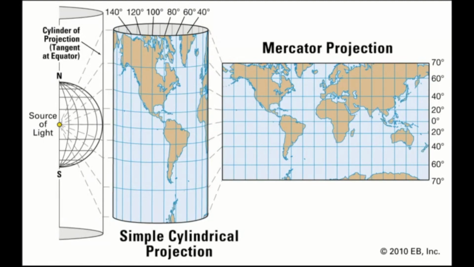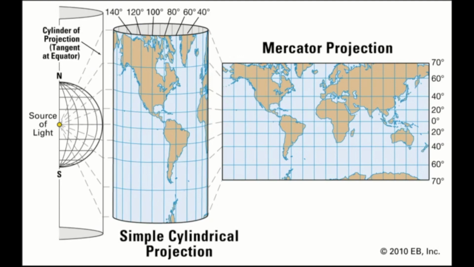The way all these projections work is they imagine a movie screen, essentially, that is cylindrical and wraps around the globe of the Earth. It then imagines a source of light at the center of the Earth, with the surface acting sort of as the film in a movie projector.